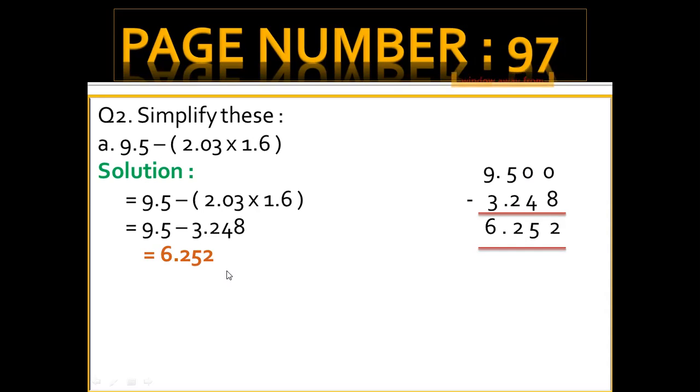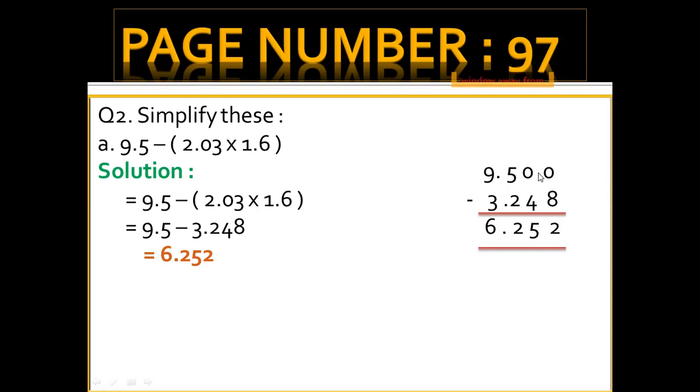But 9.5 has one digit after the decimal, and 3.248 has three digits after the decimal. So to complete the numbers, how can we subtract? For this we add two zeros to 9.5. Now we have 0 minus 8. For this we borrow 1 from 5, it becomes 10. 10 minus 8 is 2.